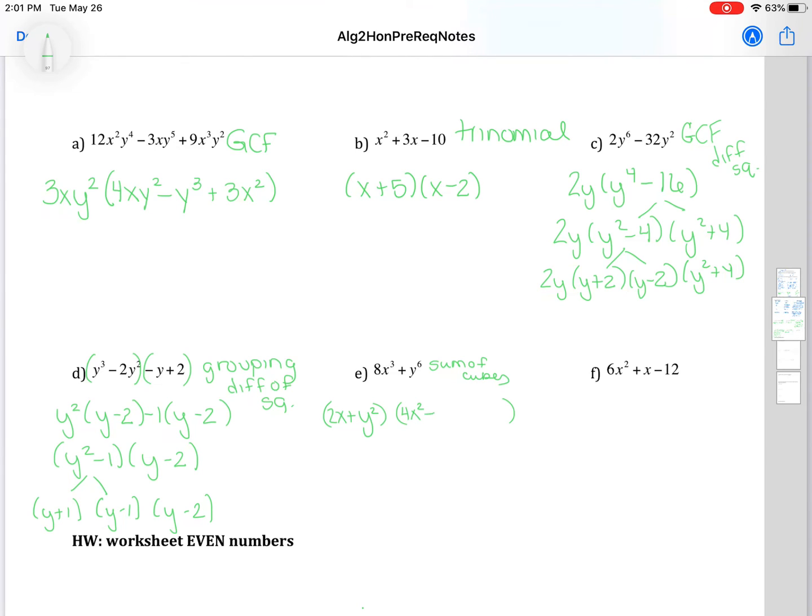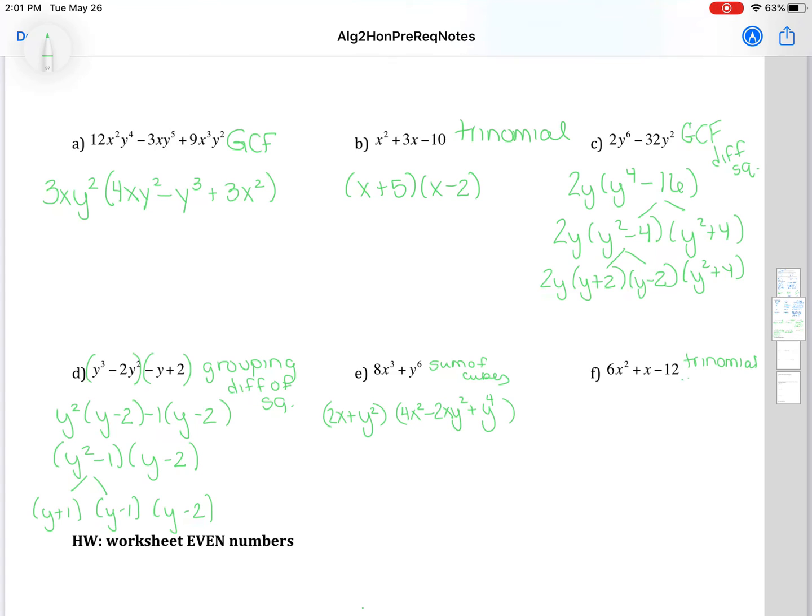First term of the second parentheses is the first term squared, so 2x squared is 4x squared. The sign is the opposite. The middle term is the 2 terms, 2x and y squared, multiplied together, which is 2xy squared. Last sign is always positive, and the last term is y squared squared, which is y to the 4th.